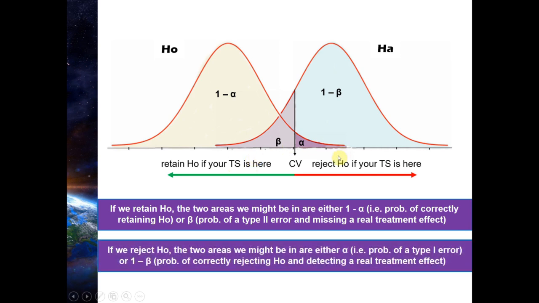If we reject H0, it's because our test statistic was on this side of the critical value, and that means we're either here or we're here. Again, we don't know which one we're in, but we can at least calculate the probability of being here. And that is the area that we care most about.